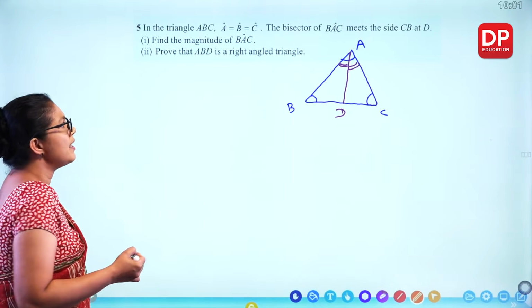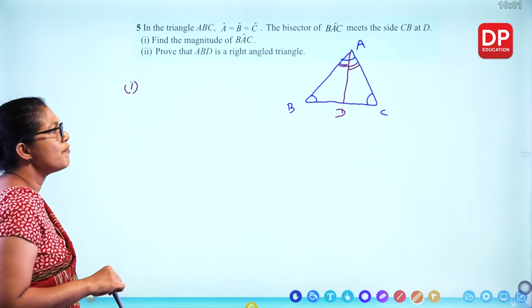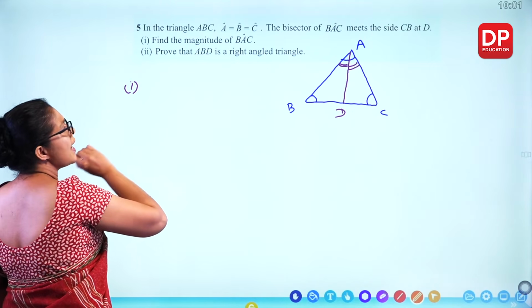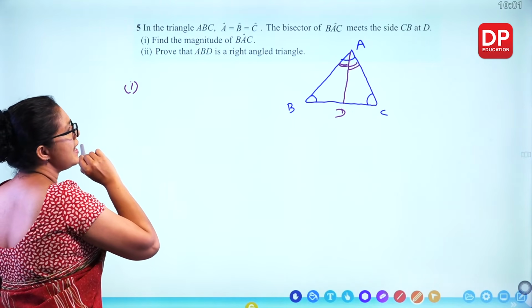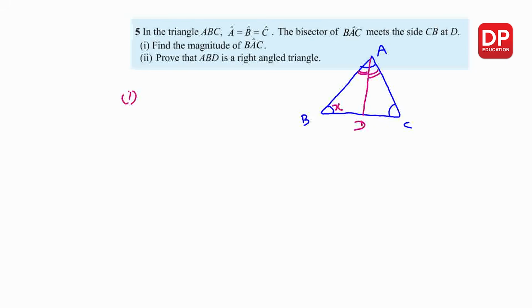So here, first part, just asking what's the magnitude of BAC angle. We know all three angles add up to 180. So I can write, if this is x, this whole thing is x, this is also x.